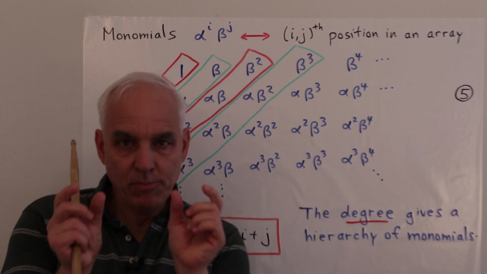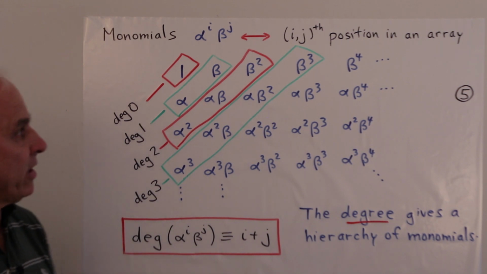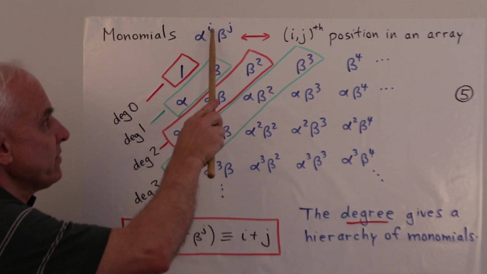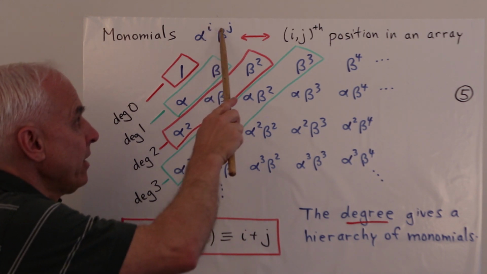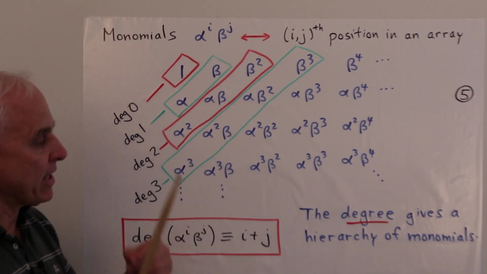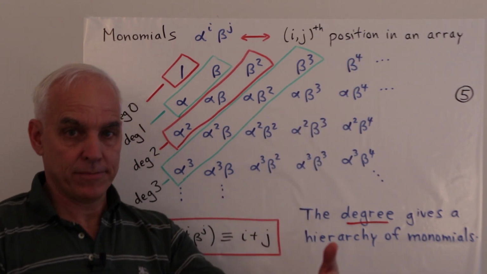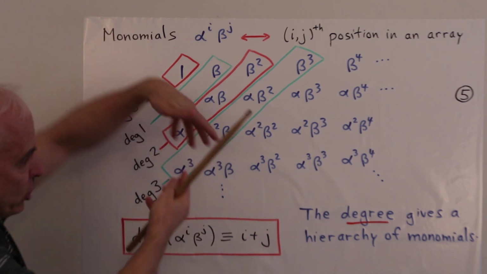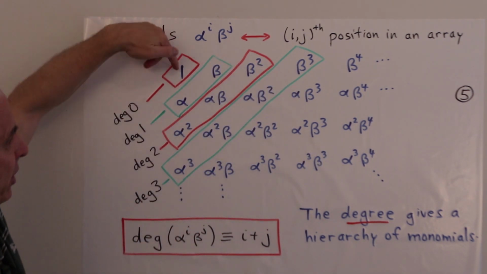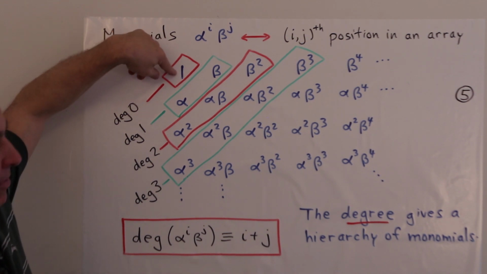So now with these simple monomials, alpha and beta, we can create more complicated monomials, just taking powers of alpha multiplied by powers of beta. Alpha to the i, beta to the j. And that's going to correspond to the ijth position in our array. In other words, we can think about all the monomials as forming a geometrical pattern, starting with just alpha to the 0, beta to the 0, or 1 up here.